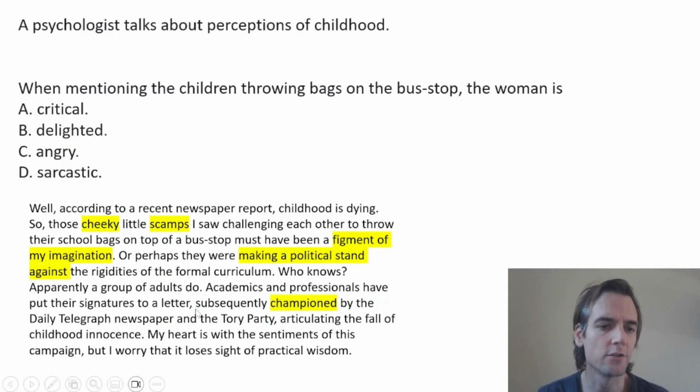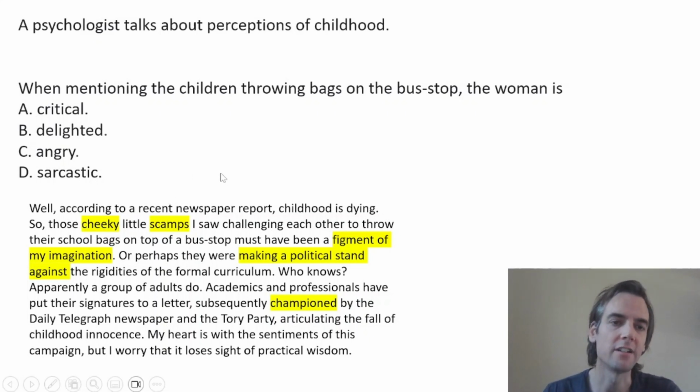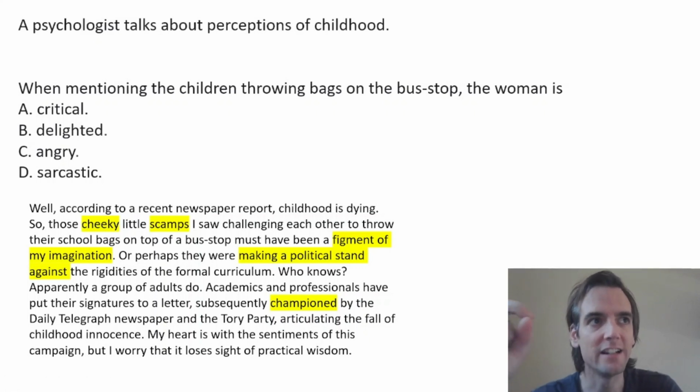And then she goes on and talks a load of rubbish about other things about childhood. But what have we learned from it? This is why we need to learn these words, because that's what gave us the answer. So think about the words that gave you the answer. These are the words you should be learning. Right, that's about it. We've done use of English in a lot of detail, some reading and listening.